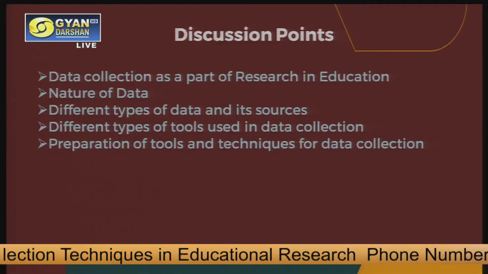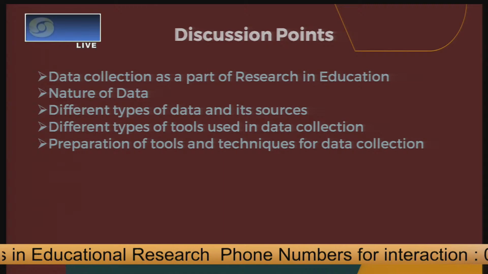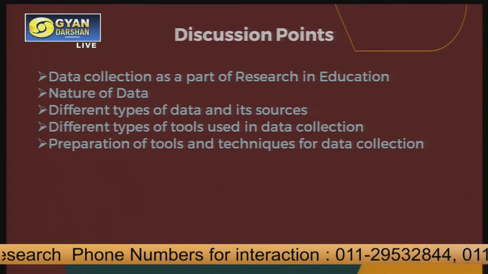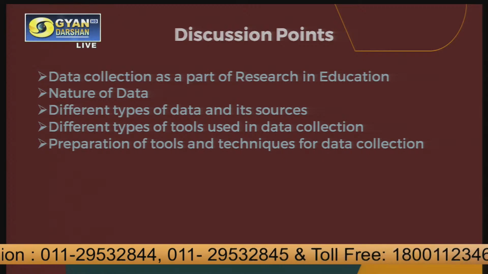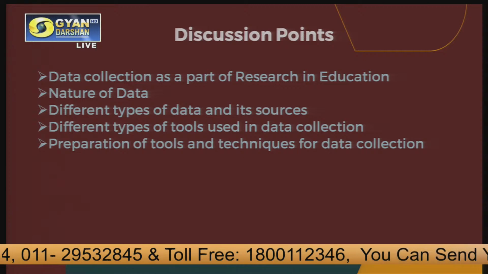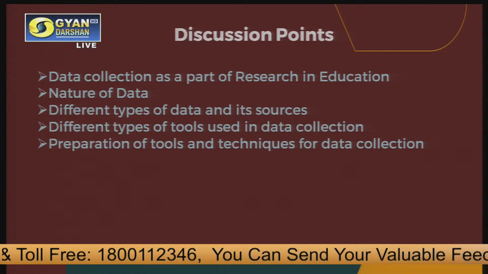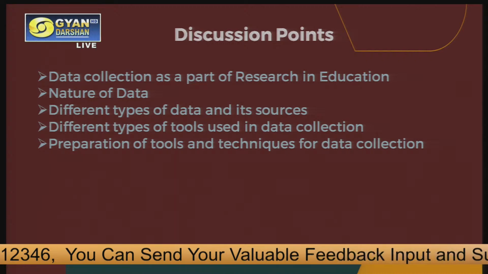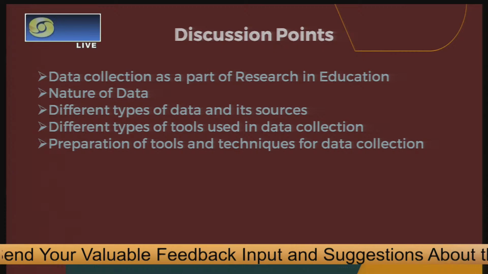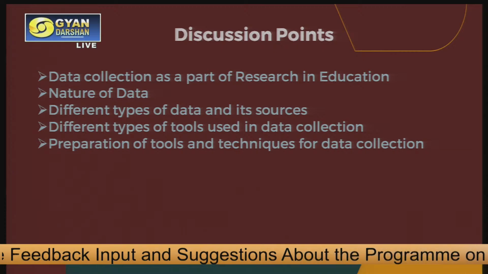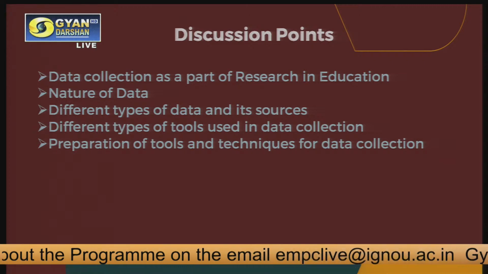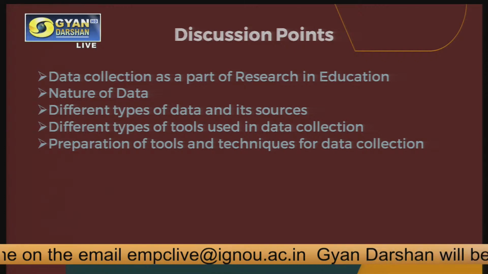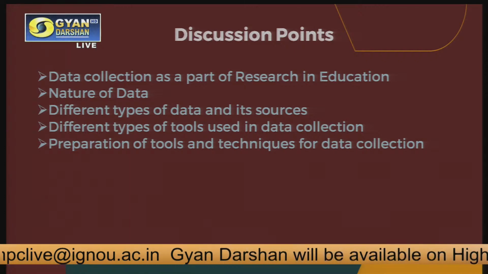On your screen you might be going through certain important discussion points that we will be discussing today. First, we will try to understand data collection as part of research in education, how data collection is one of the important parts, and what the different natures of data are. Then the different types of data and their sources: from where you will get the data, what different sources you will be using for your research, and what the different types of data are. Then the third important discussion point is the different types of tools used in data collection.